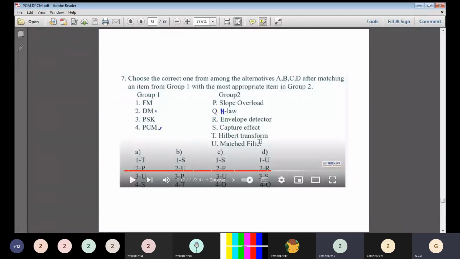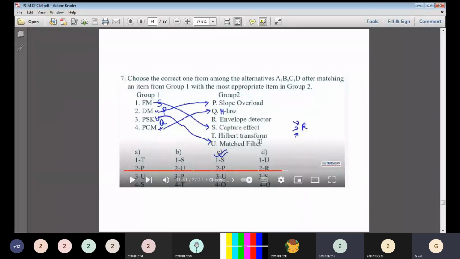The options available are Mu-law, option Q, then option R, envelope detector, then T, Hilbert transform, and the fourth one is matched filter. So the appropriate answer for PSK is matched filter.